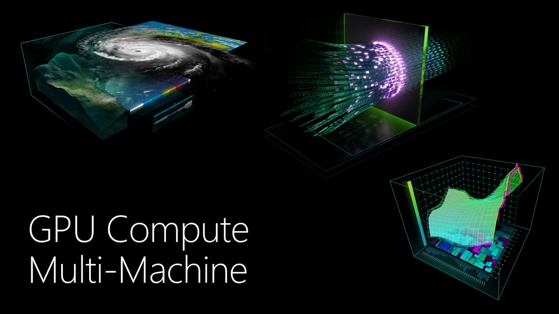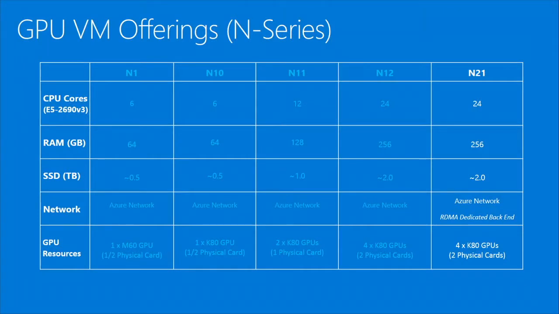Thank you very much. I want to talk to you next about an additional offering we have with our N series. It's a way of providing multi-machine, multi-GPU capabilities. You can see with the N21 series, or N21 VM, we offer 24 cores on the E5 2690 V3, 256 gigs of DDR4 RAM, approximately 2 terabytes of SSD, and in addition to the standard Azure networking, we're offering a high-speed RDMA network that allows you to build out multi-machine GPU clusters.